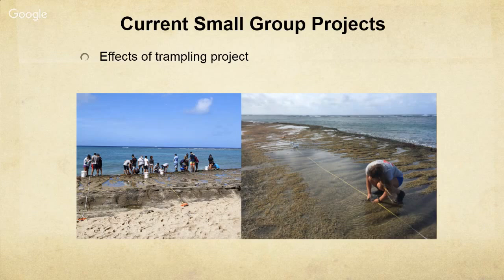And not surprisingly, they found that there's a significant amount of compaction of algae and of fragmentation when you have students walking around in this environment. So not groundbreaking, but it was really cool to show the students this data, because even though we have good intentions in doing science out there, we still have an effect on the environment.